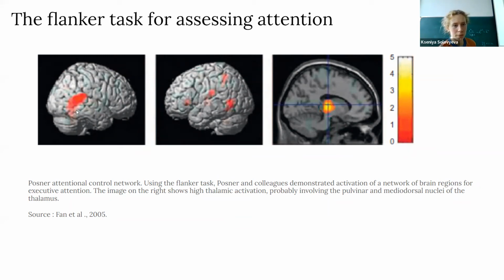So this is a part of the temporal and parietal cortex, some part of the dorsolateral cortex, and a small part of the parietal cortex. And that's why, as you can see, there is a system of different parts of the cortex, not just one region.